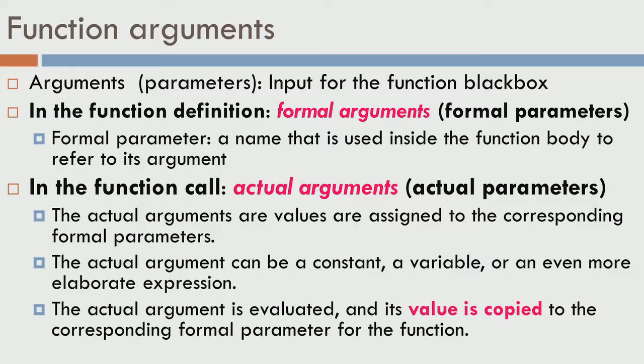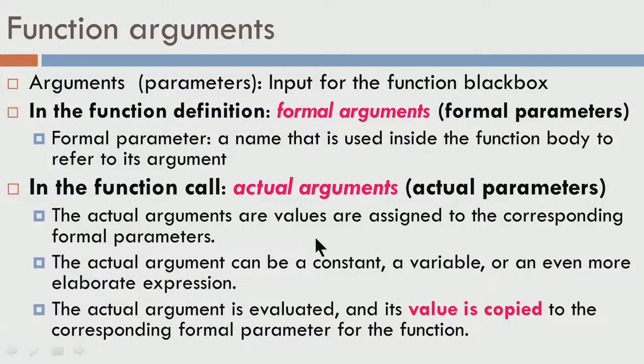So, there is a name that you use for things within the function, and you may have names which are different in the caller. The caller may have names for the parameters which are different from what is in the callee. The actual arguments are values that are assigned to the corresponding formal parameters. This actual argument could be a constant or a variable or even a complicated and elaborate expression.